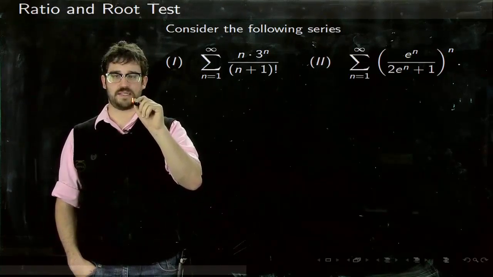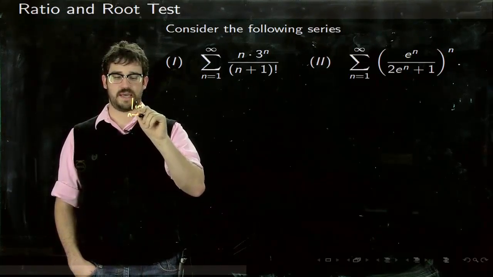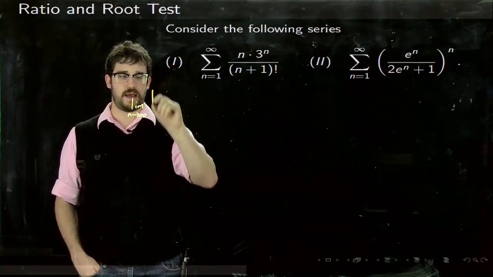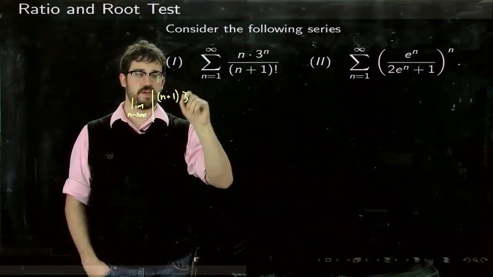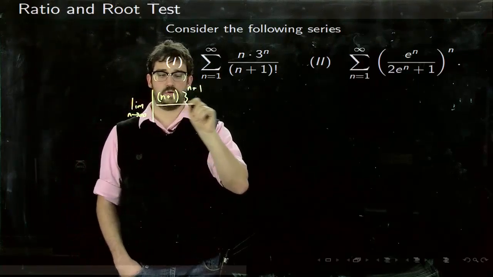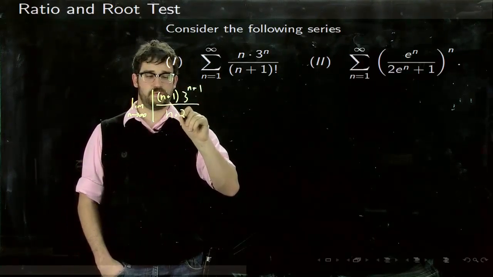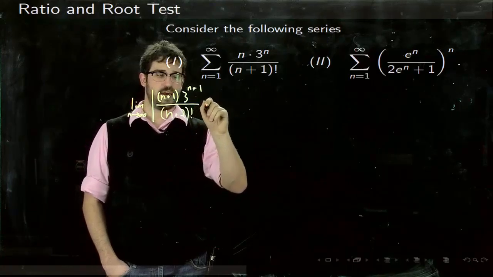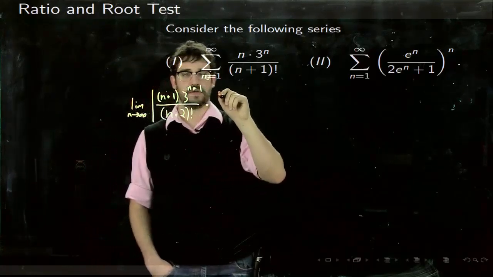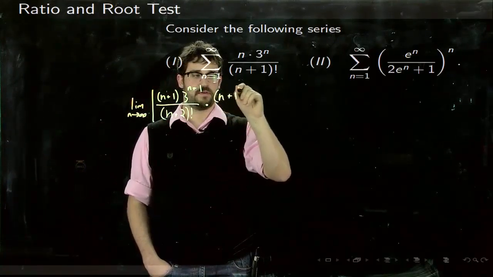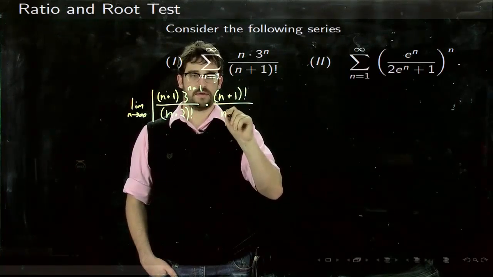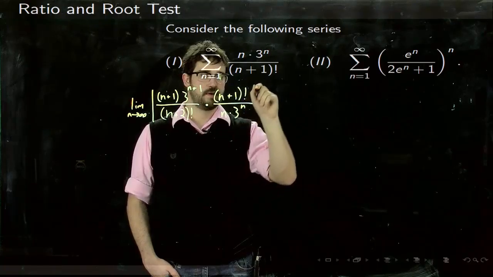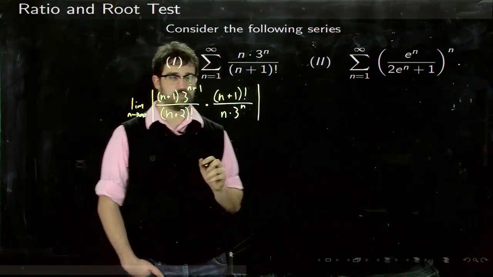The ratio test says we take the limit as n goes to infinity of the absolute value of (n plus 1) 3 to the n plus 1, over (n plus 2) factorial, times the reciprocal of this. So (n plus 1) factorial divided by n times 3 to the n, where we have some nice cancellations.